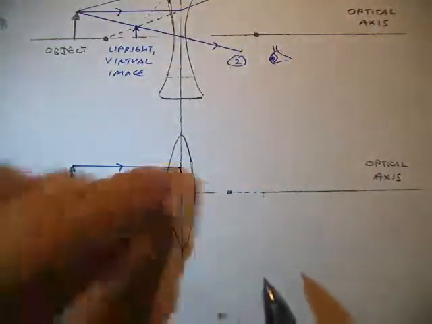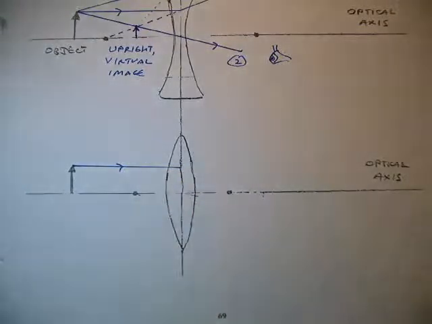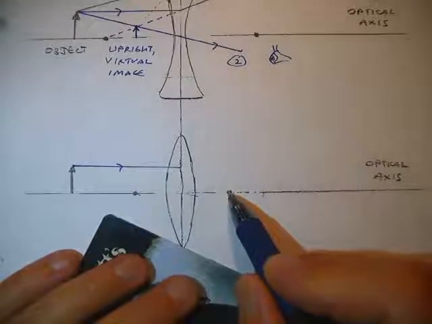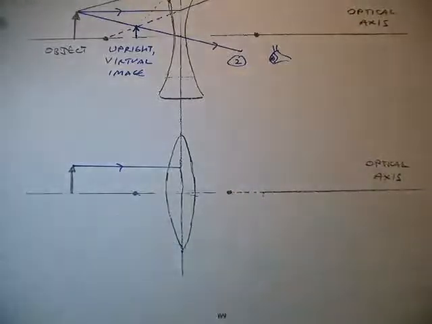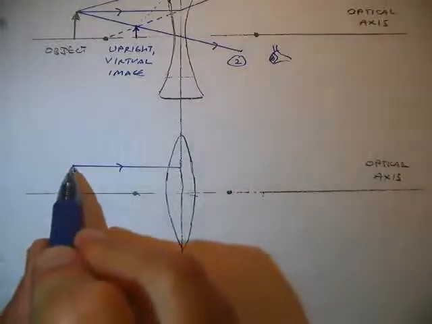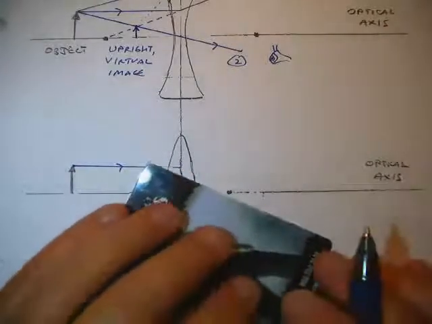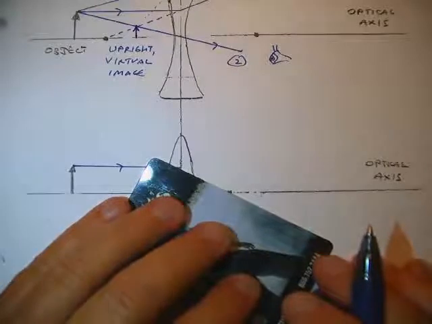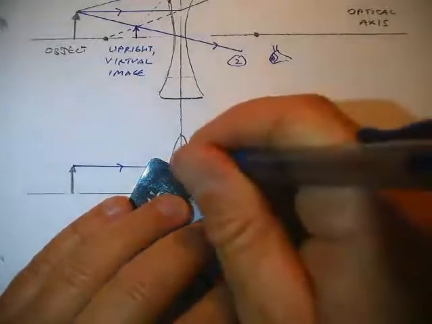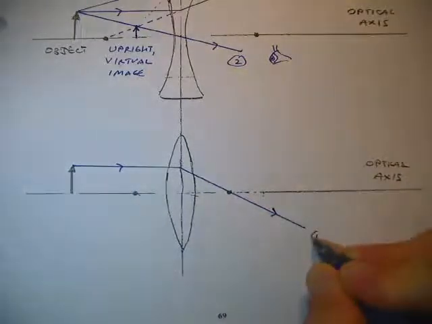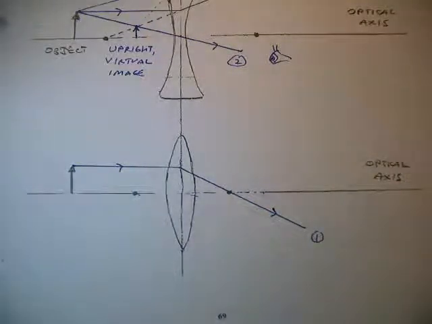So the upshot is it's going to converge. And how do we know how far to converge it? It's going to converge such that it goes through this focal point. In fact, that's how a focal point is defined: any light ray you bring in parallel to the optic axis is going to go through the focal point. So that light ray is going to go just like this. There's your principal ray 1 coming in parallel to the optic axis.